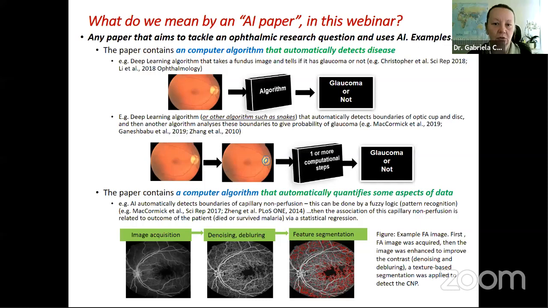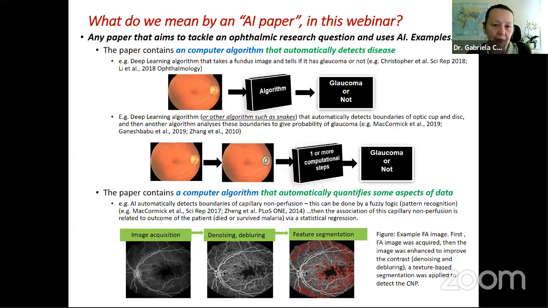It can either automatically detect disease. So this is something like we discussed last week: how to take an image of the retina, put it into the algorithm, and this computer algorithm will tell us whether it is glaucoma or not. This can be done by deep learning, or we can have other algorithms that involve more steps on the way.